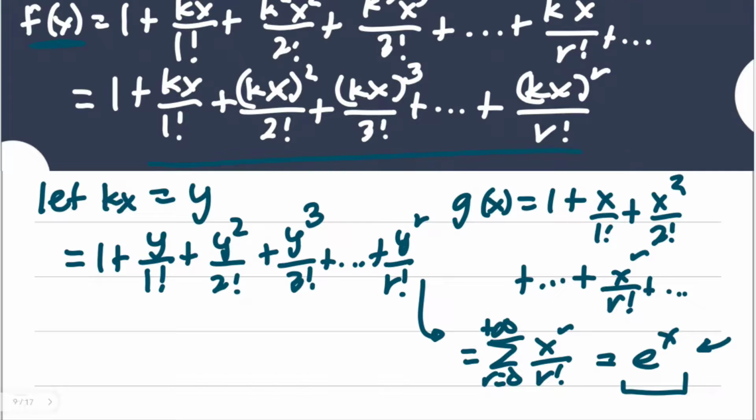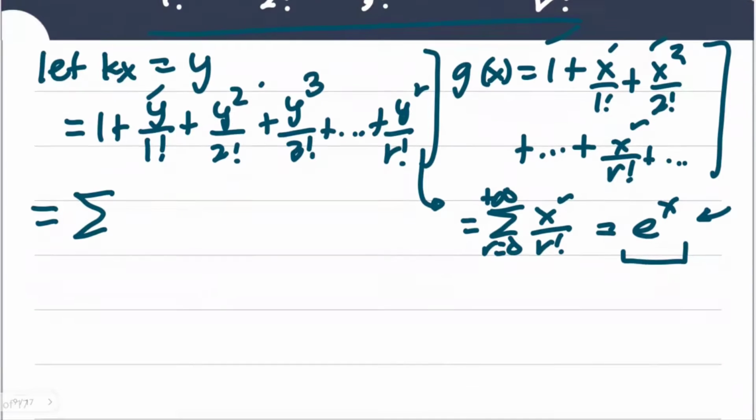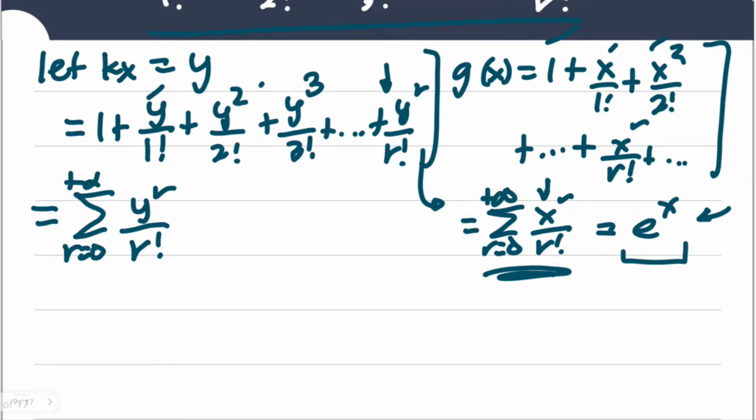I'm letting that one again because when you look at these two, they are now similar in form. In short, we can write this into a power series in this form, but instead of x, we'll be using y. So you have the summation of y to the power of r over r factorial as r starts from 0 to positive infinity.